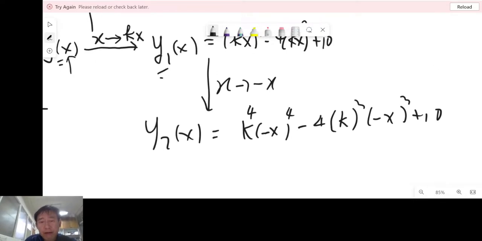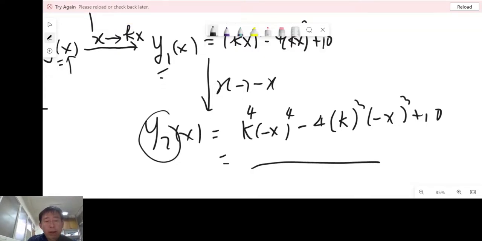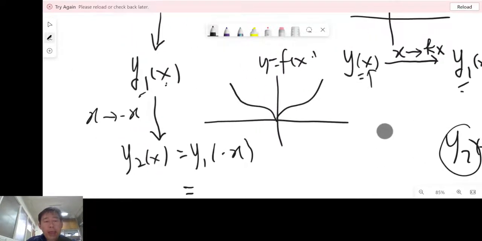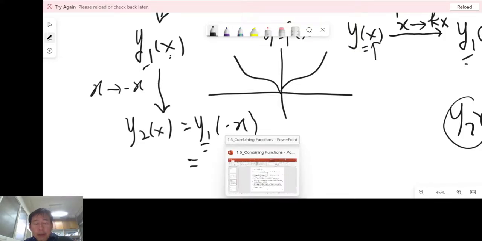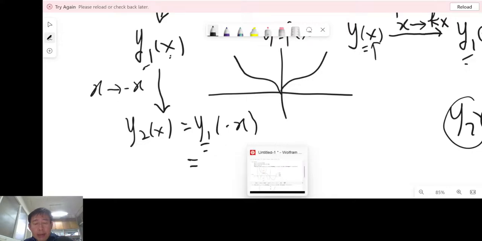So you simplify this expression, and you would get the expression for y2, which is a reflected version of y1 about the y-axis. So this can be obtained by carrying out the operation using Mathematica.